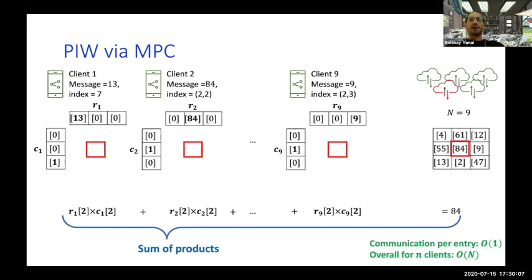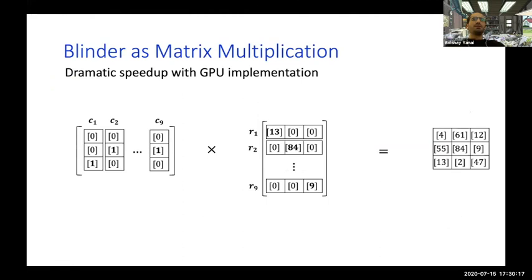And now it becomes much more efficient. In addition, by a simple rearrangement, we can describe the whole computation as a matrix multiplication, such that the first matrix has the column vectors of all clients, and the second matrix has the row vectors of all clients.